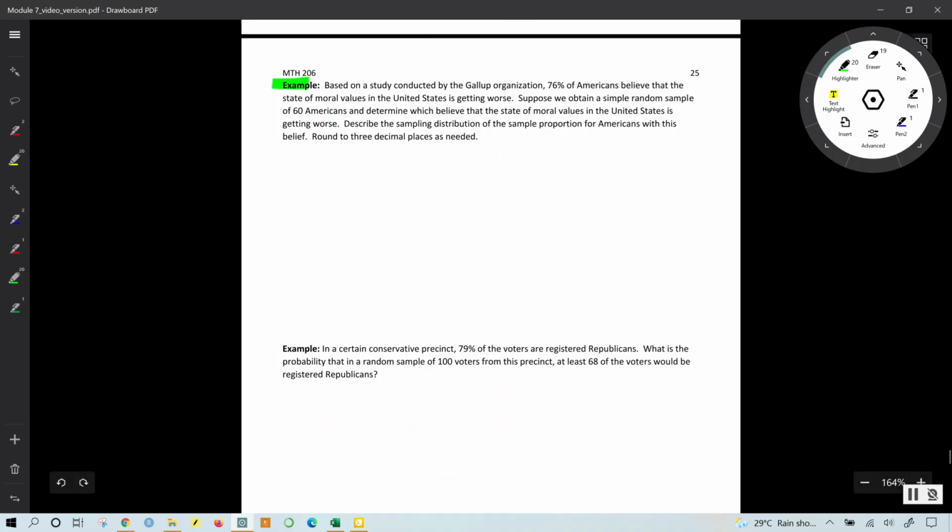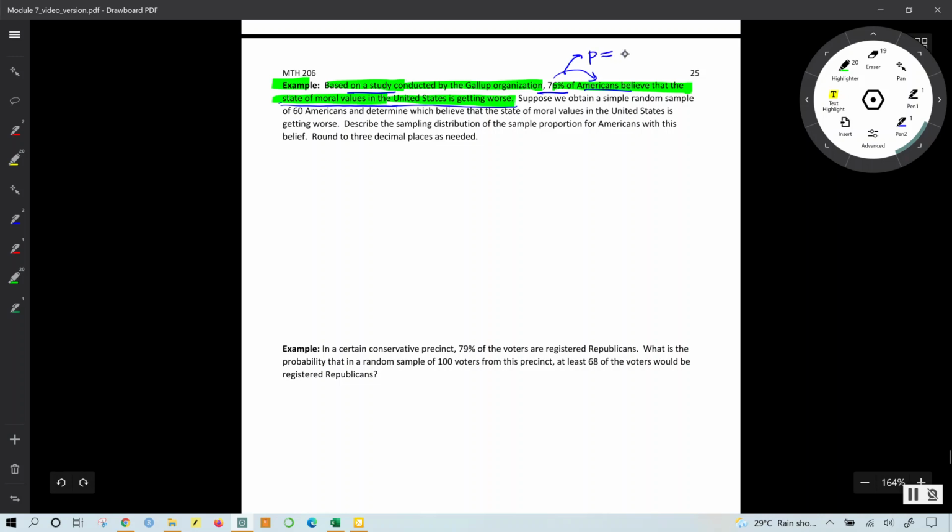For the first example, we're told that based on a study conducted by the Gallup organization, 76% of Americans believe that the state of moral values in the United States is getting worse.